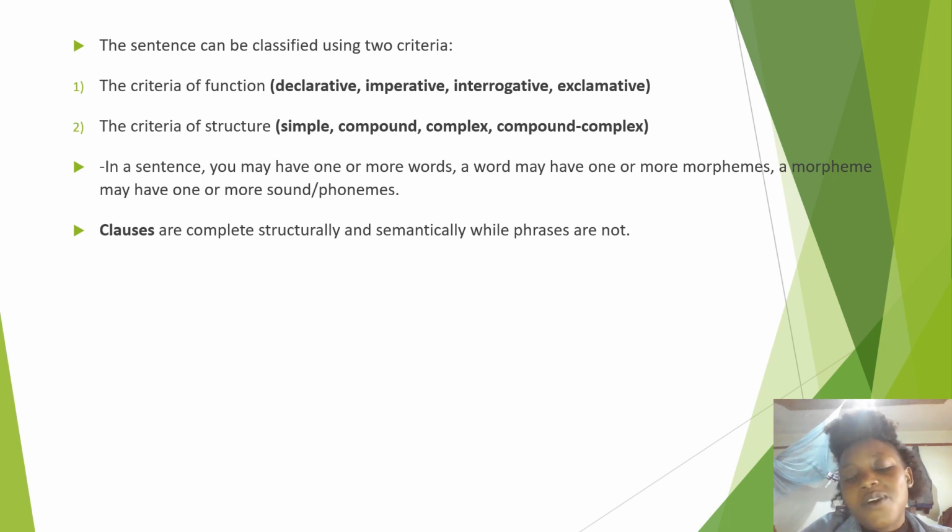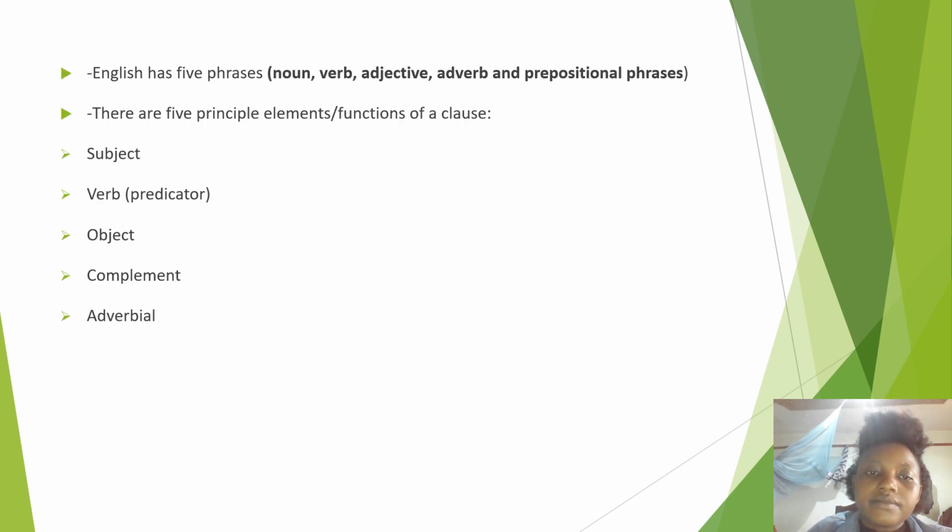In a sentence, you may have one or more words. A word may have one or more morphemes. A morpheme may have one or more sounds. Clauses are complete structurally and semantically, while phrases are not. English has five phrases.